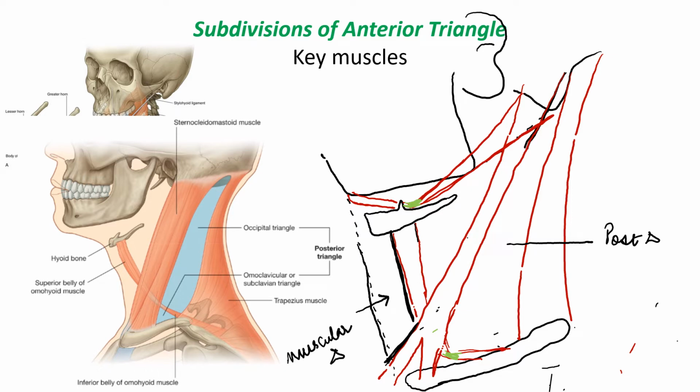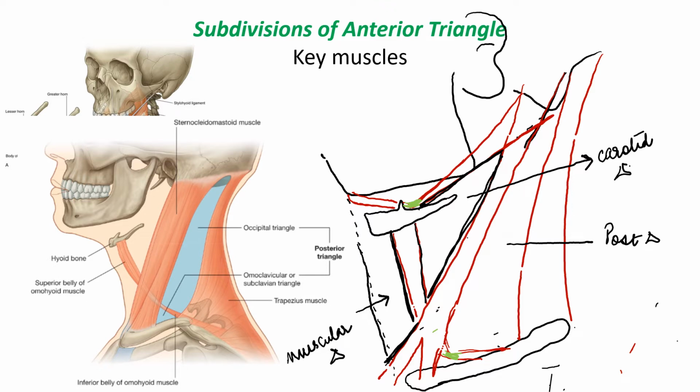Between, again, the superior belly of omohyoid, which is present anteriorly, the posterior belly of digastric, and the anterior border of sternocleidomastoid, this triangle is the carotid triangle. So the infrahyoid region is divided by the superior belly of omohyoid into a muscular triangle and a carotid triangle.